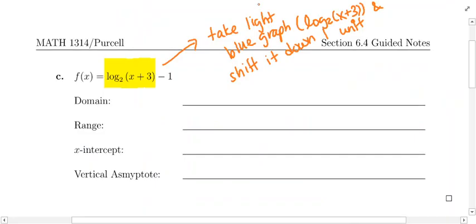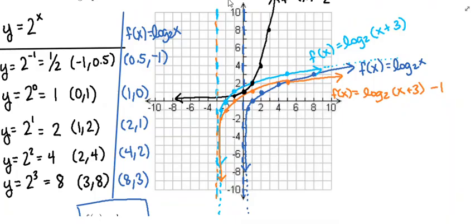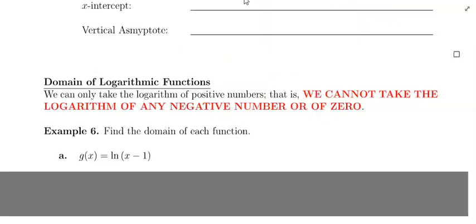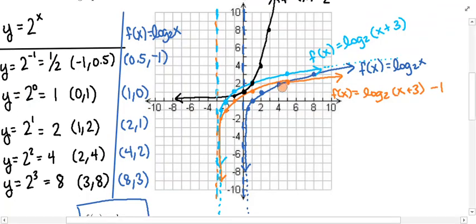For the attributes here, what's the domain? The domain has not changed. The orange graph essentially starts at its vertical asymptote, which is x equals -3. That's the leftmost point on the graph. We don't cross or touch that vertical asymptote, so we exclude -3. The rightmost point on the graph is going to be positive infinity.